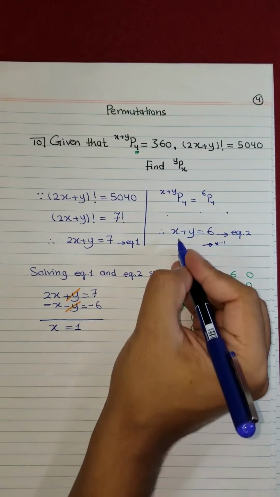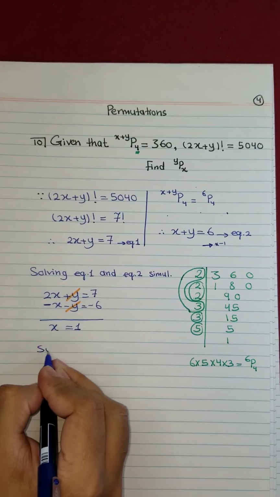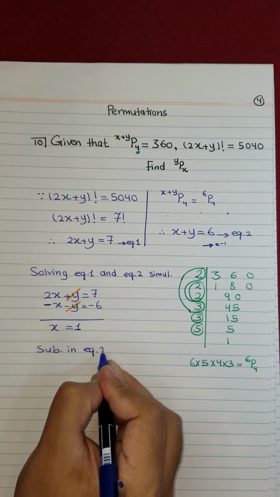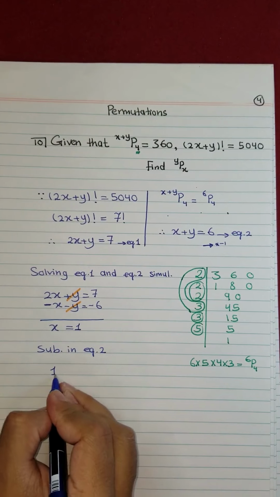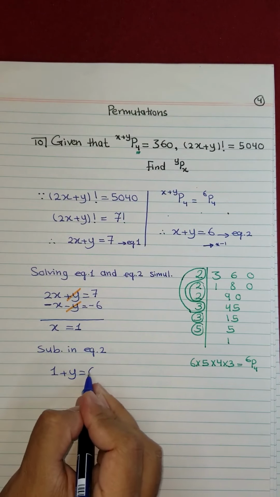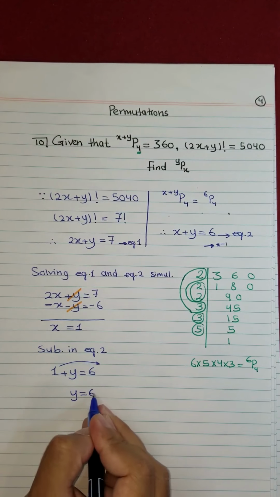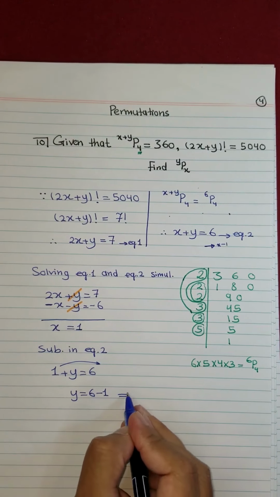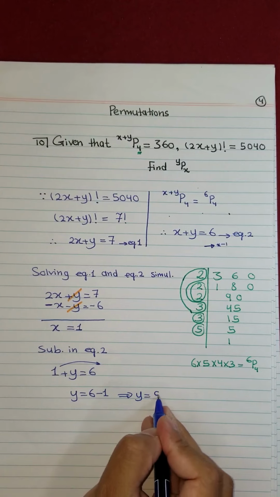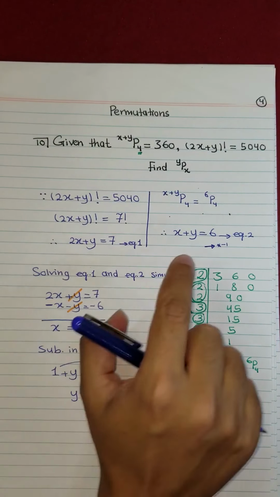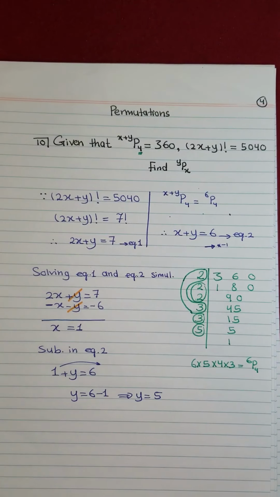So we substitute in equation 2. Of course, in whatever equation, it does not matter. 1 plus y is equal to 6. Transpose it, so y is equal to 6 minus 1, so therefore y is equal to 5. So 2 times 1, 2, plus 5 is 7, and 1 plus 5 is 6, which is good.